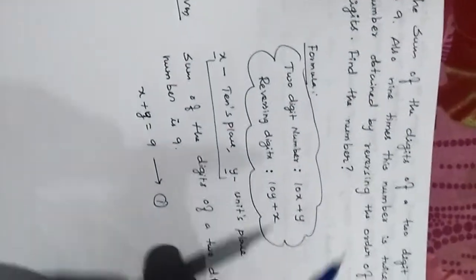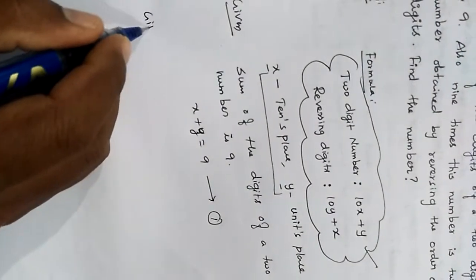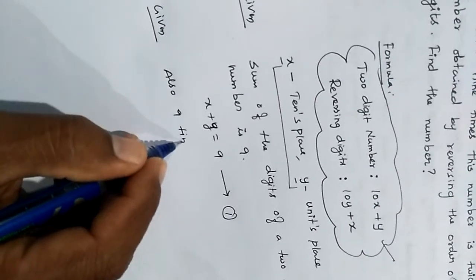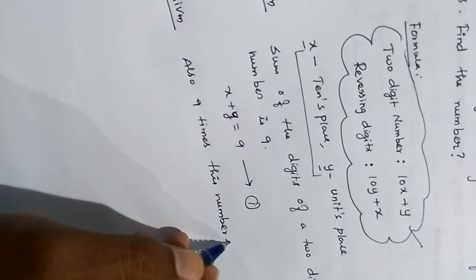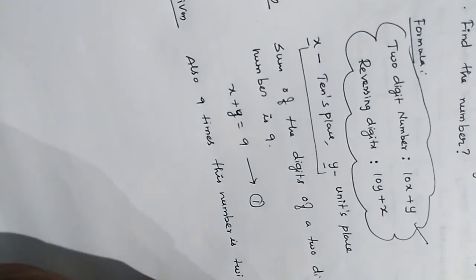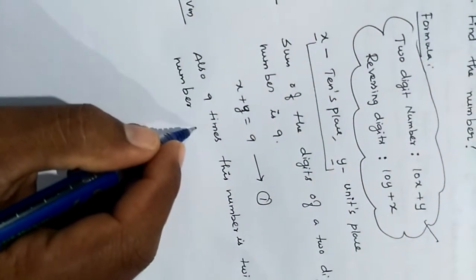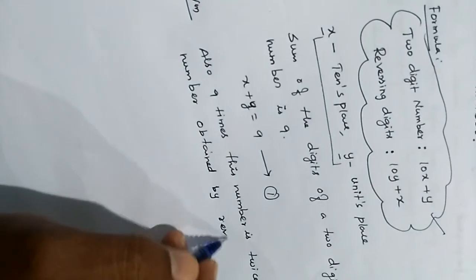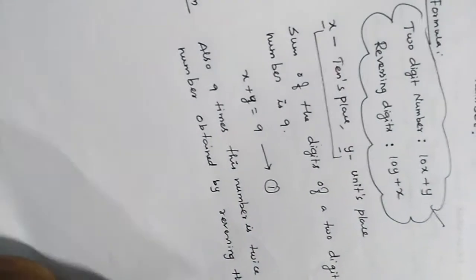Then let's go to the next part. Also, 9 times this number is twice the number obtained by reversing the order of the digits.